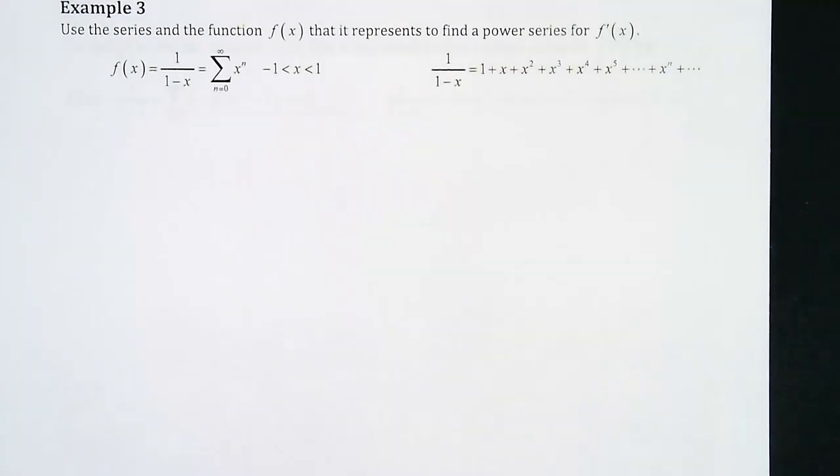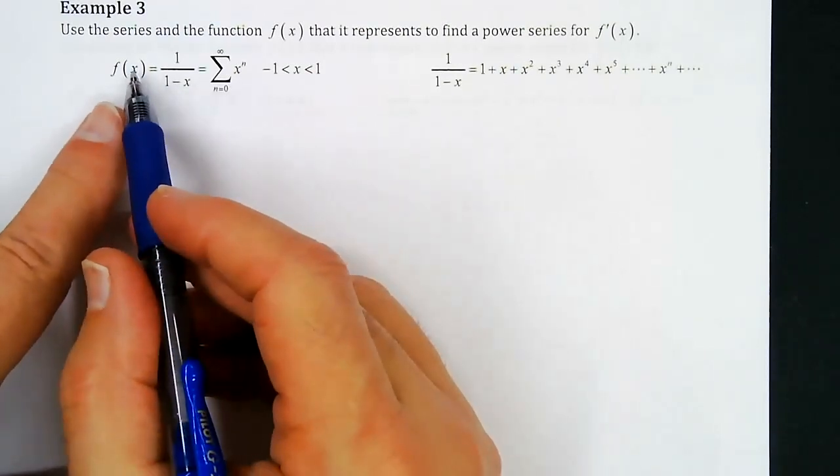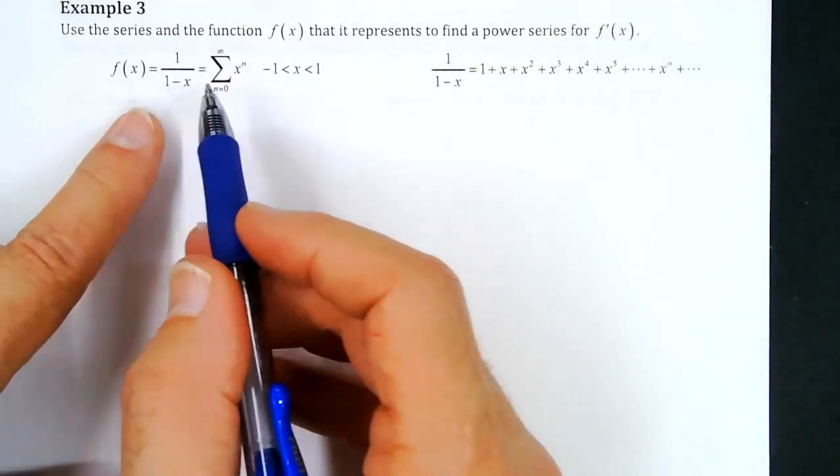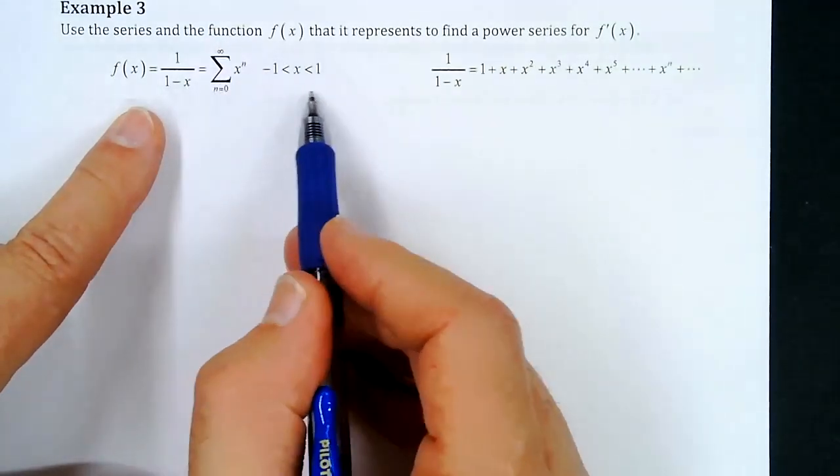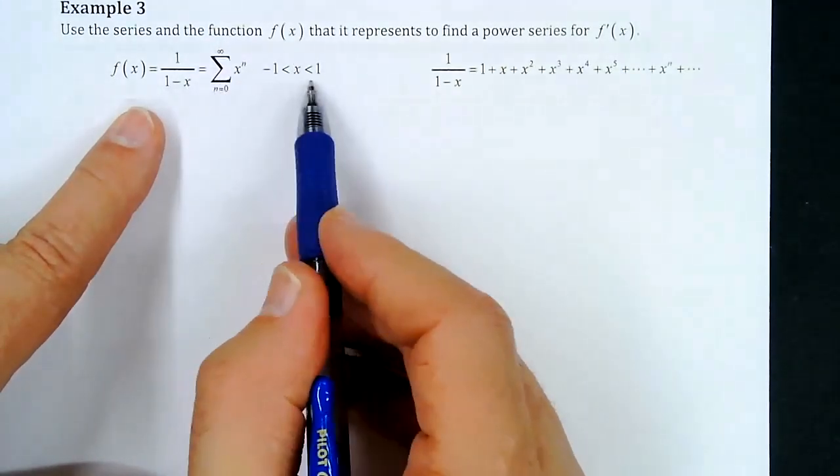So for this third example, we're going to use the series and the function f of x that it represents to find a power series for f prime of x, the derivative. So we have this function, f of x is equal to 1 over 1 minus x. We know from earlier that we can write it in sigma notation like this. We know the radius of convergence is between -1 and 1.